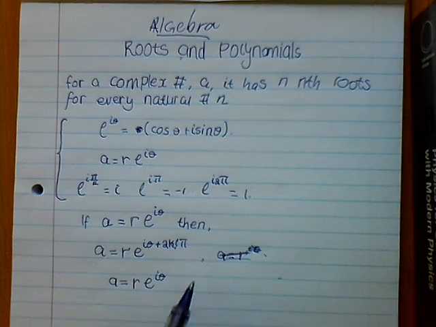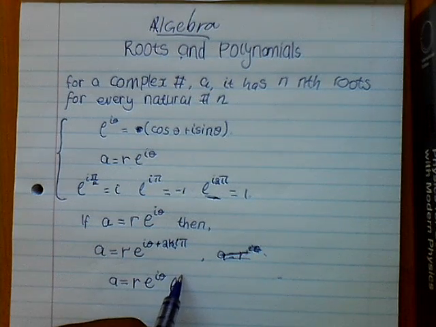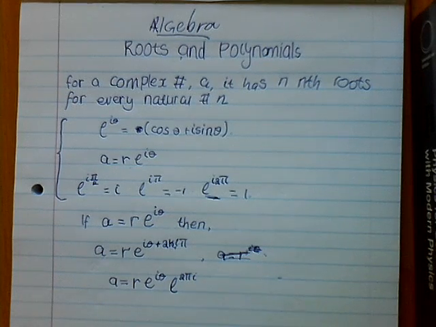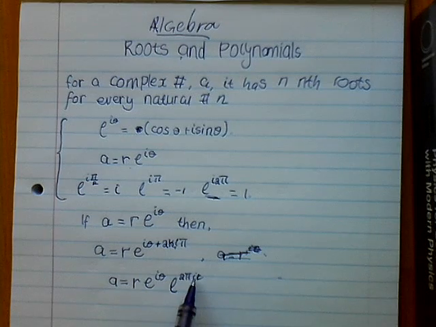Which one is that? It's here. We multiply this by e to the power of 2 pi i. But this does not only contain this, it contains all the multiples of 2 pi, and then we put k.